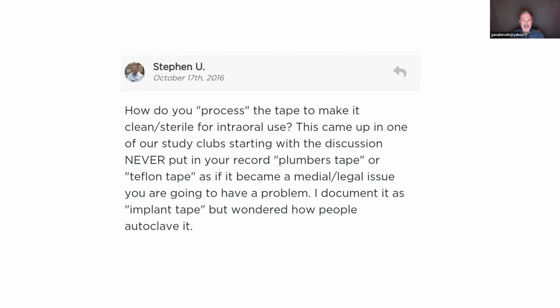This clinician asks, what do you do to prepare your plumber's tape? How do you process it? Obviously in their study clubs, somebody brought this up and they had a concern about this. They all agreed not to write plumber's tape or Teflon tape in their charts, because if it becomes a medical or legal issue, then they don't have to describe it or defend it. So obviously, the profession has had concerns with this.